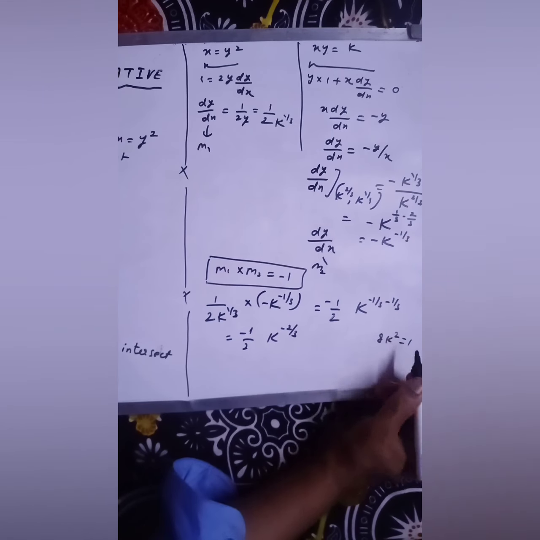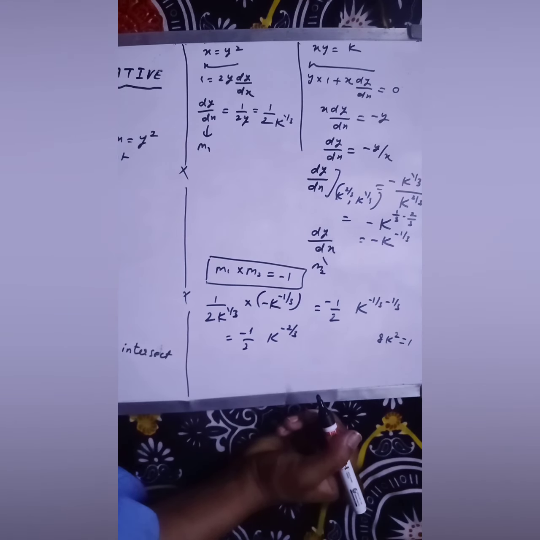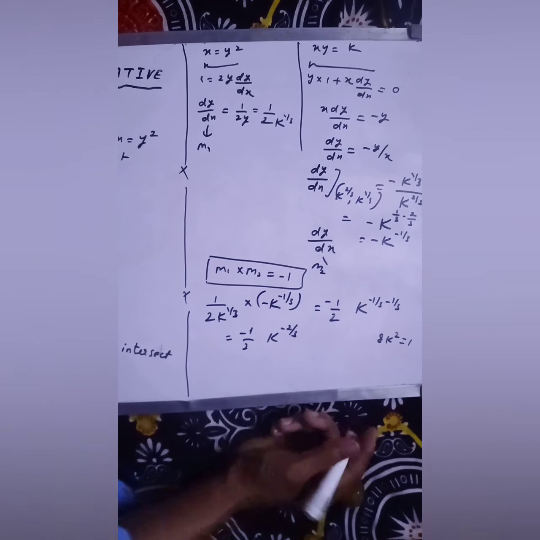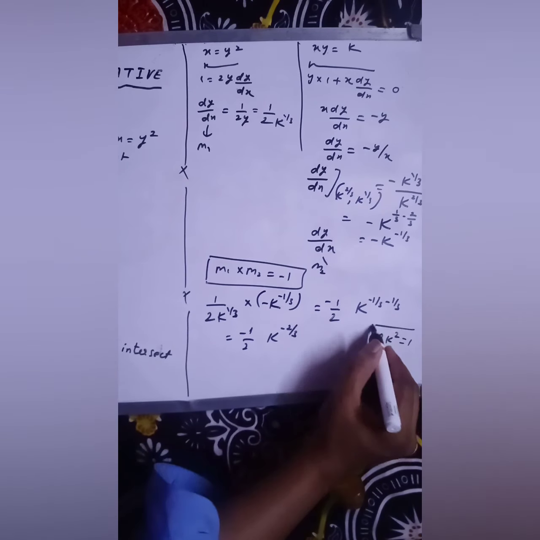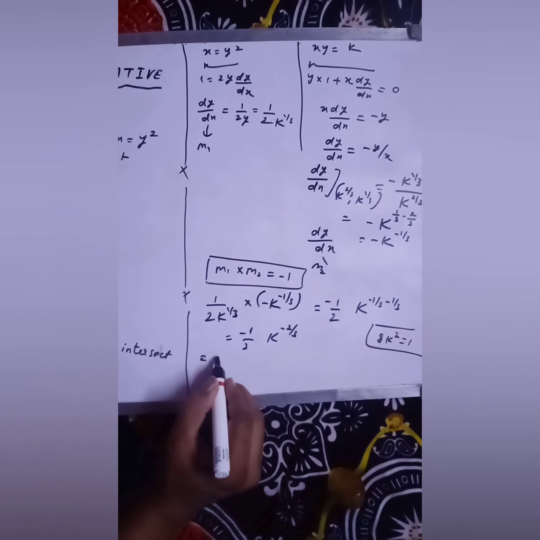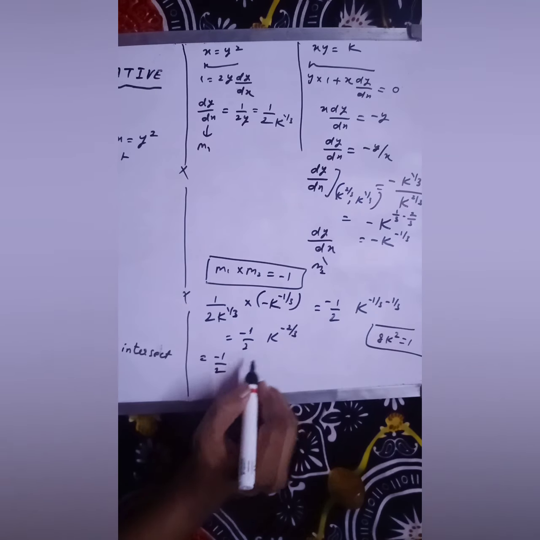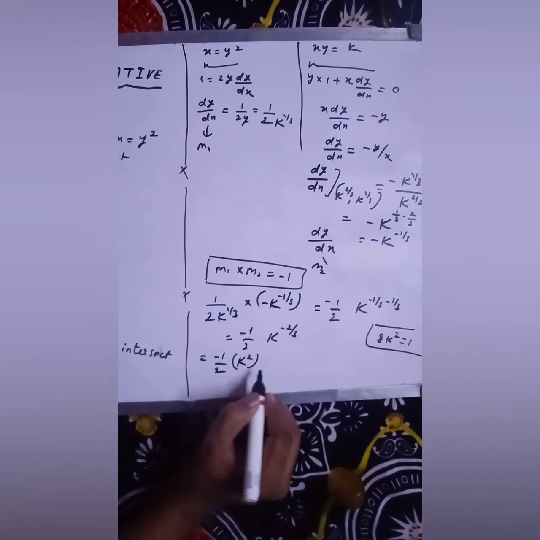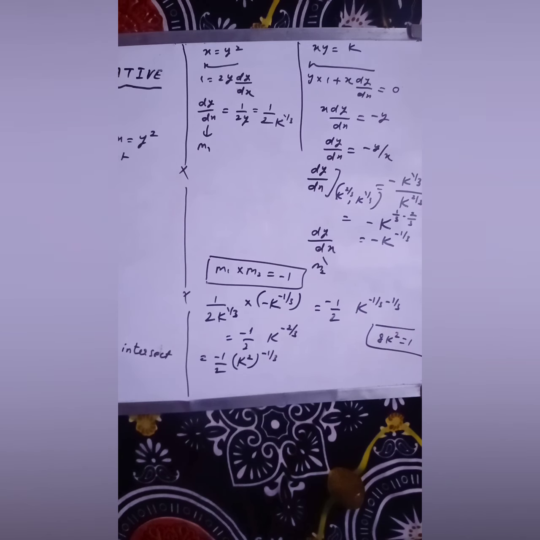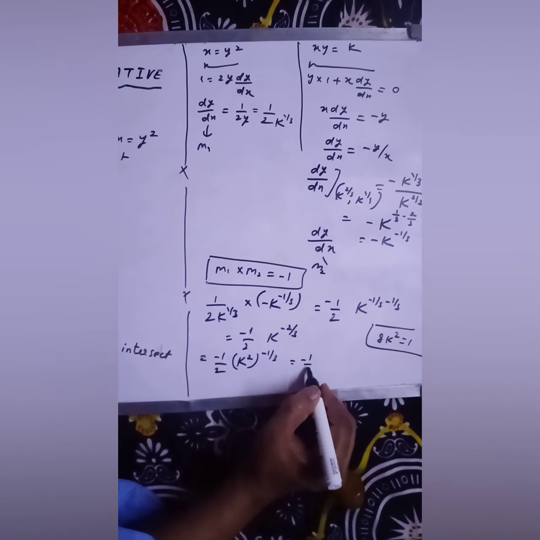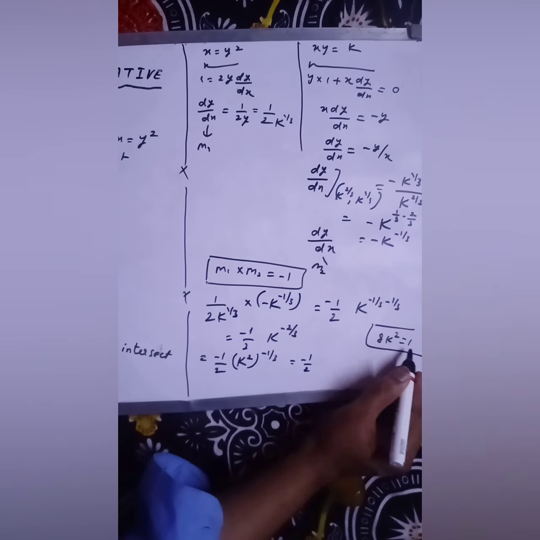This condition is given to us. So it will be minus 1 by 2. I'm writing this k square, this whole raised to power minus 1 by 3. Fine. So in place of k square, I can put 1 by 8.